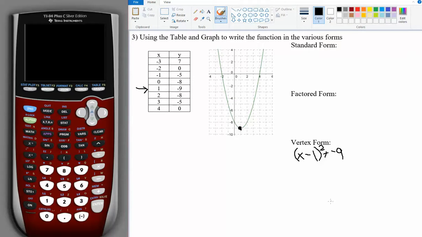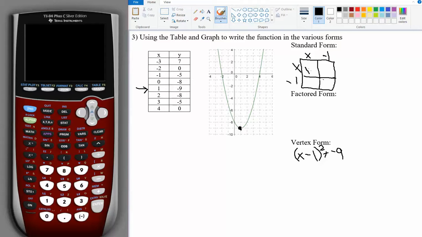So standard form, because that's going to be the easiest one to do next. If I take my area model, remember if it's squared, we multiply something by itself. So I'm going to do x minus 1 times x minus 1 because we're squaring it down here in the vertex form and we're just going to convert.